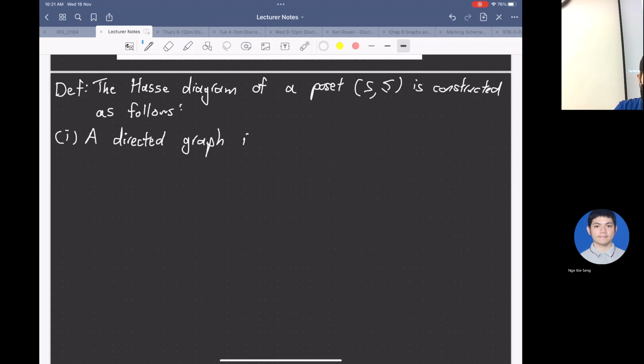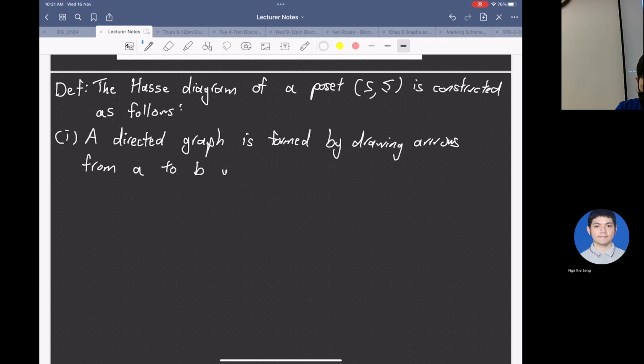So you draw a directed graph by drawing arrows whenever you have a relation, arrows from A to B whenever A and B are related.